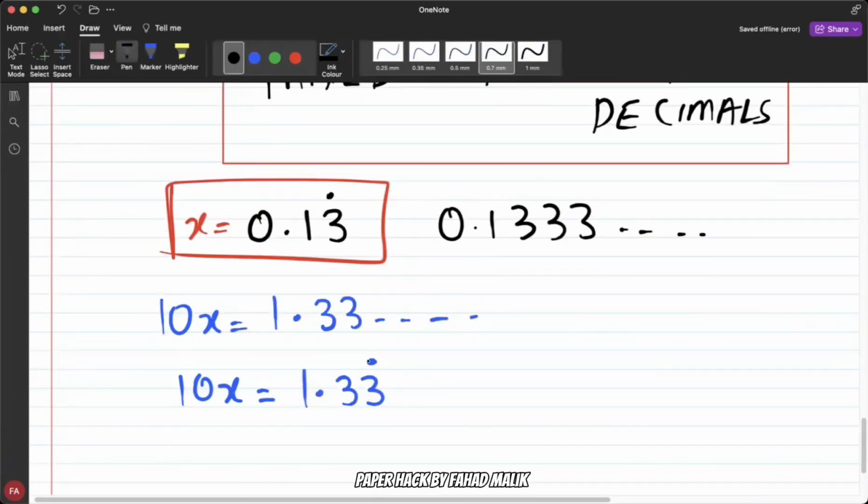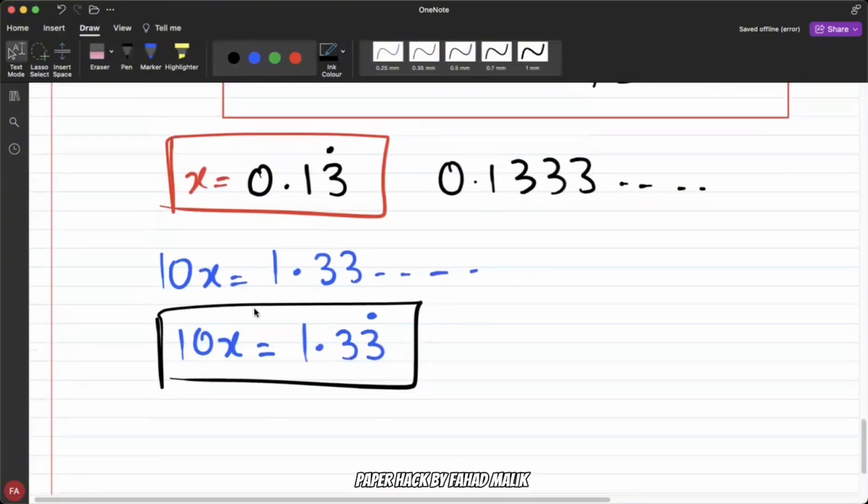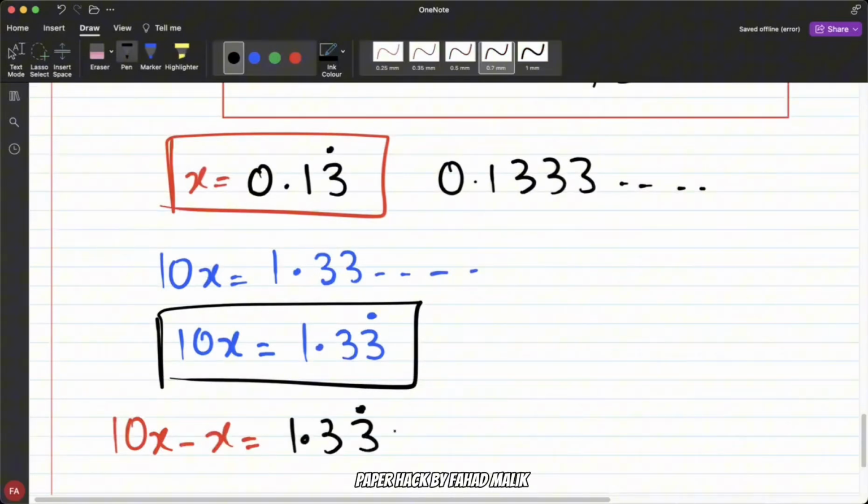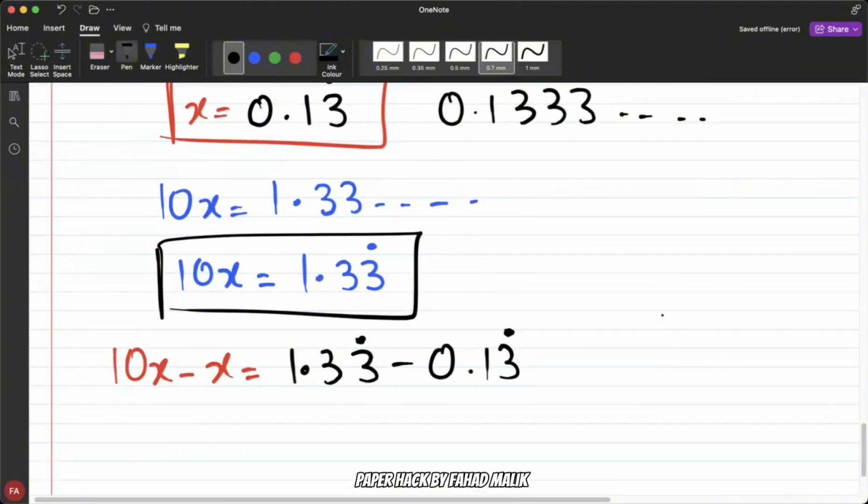Now, I'm sure some of you might have this question as to why I've placed the dot on the second 3. Why not on this one? The key, again, like I said, is to subtract, and you'll see why I've done this in a short while. Now, let's try subtraction. 10x minus x will be 1.33 dot minus 0.13 dot. Let's try the subtraction separately: 1.33 dot, and then 0.13 dot.